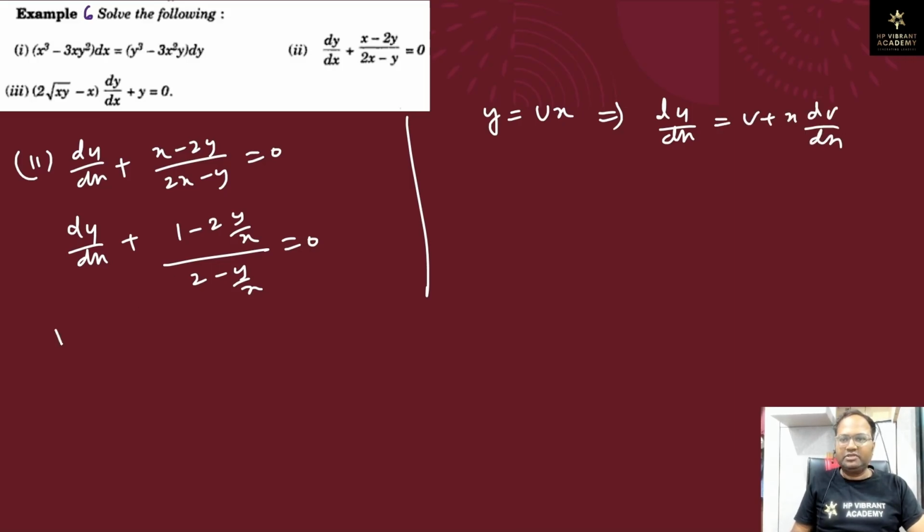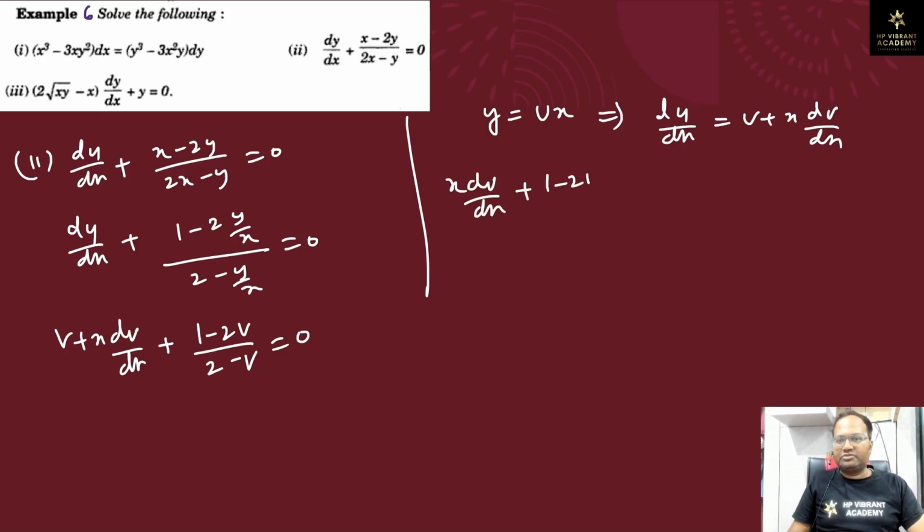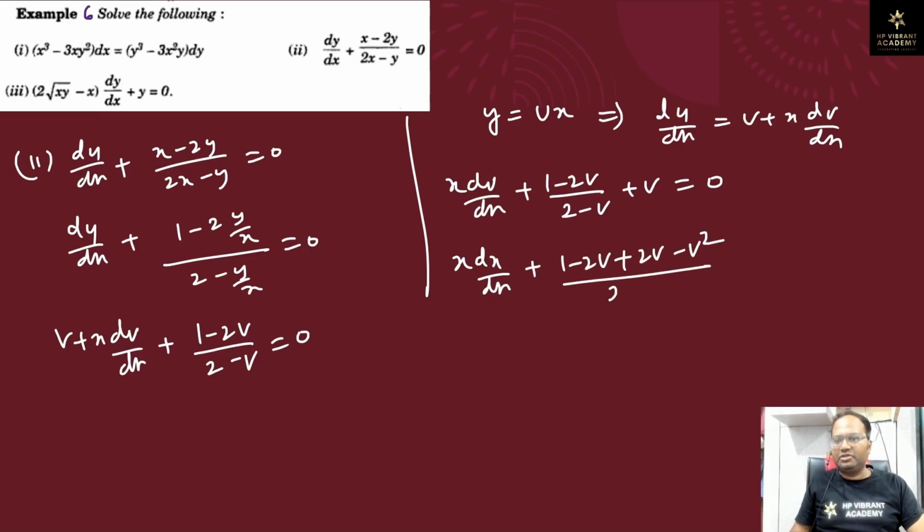So we have v plus x dv upon dx plus 1 minus 2v upon 2 minus v is equal to 0. So from here x dv upon dx plus 1 minus 2v upon 2 minus v plus v is equal to 0. So from here x dv upon dx plus 1 minus 2v plus 2v minus v square upon 2 minus v is equal to 0. This gets cancelled.